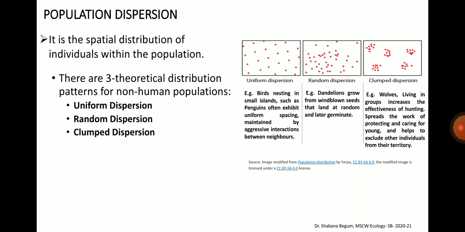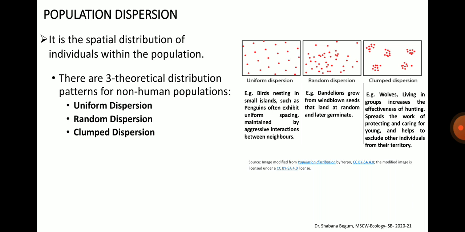The population in a given area is dispersed or distributed in several ways. There are three basic patterns of dispersion. These are also called theoretical distribution patterns for non-human populations, such as uniform dispersion, random dispersion, and clumped dispersion.